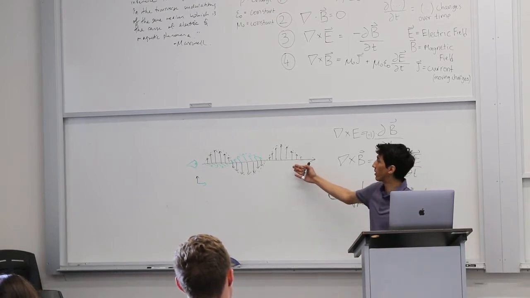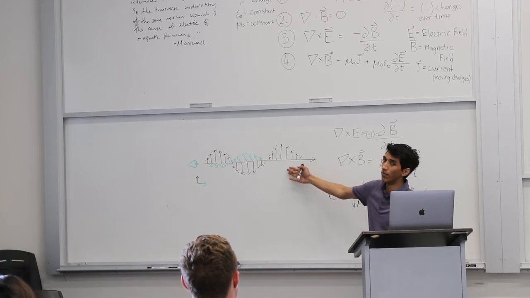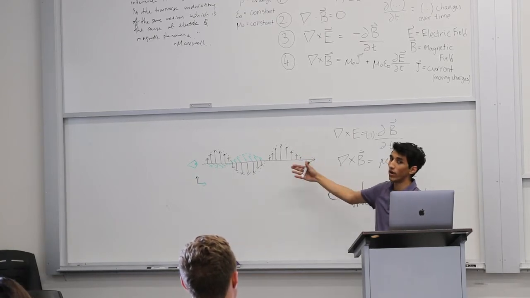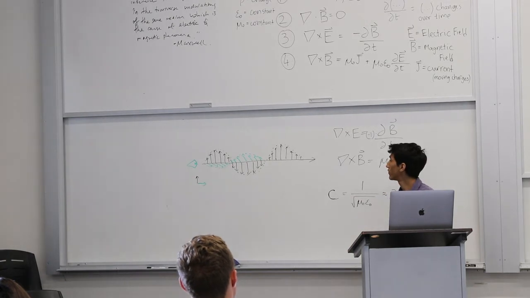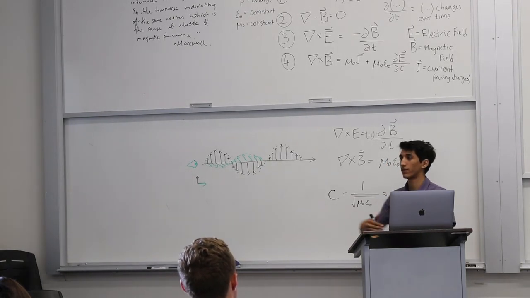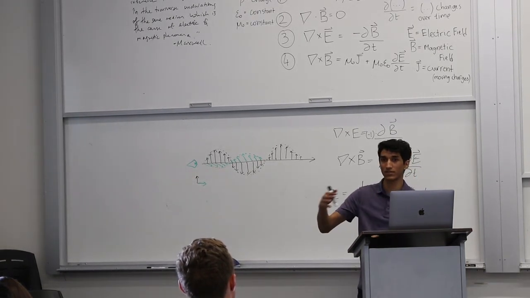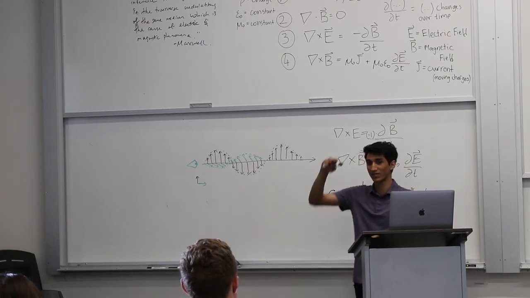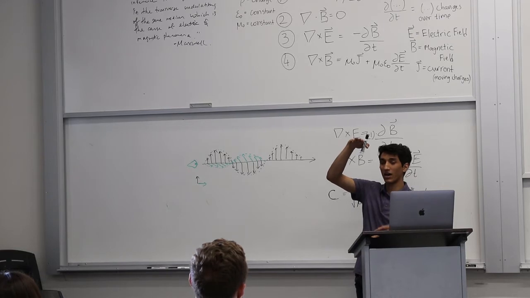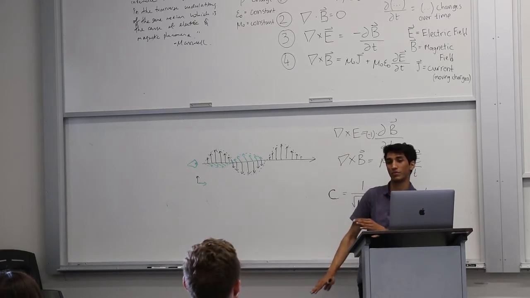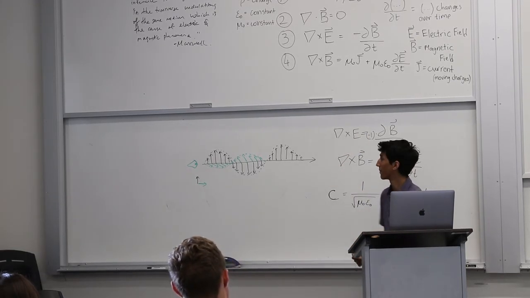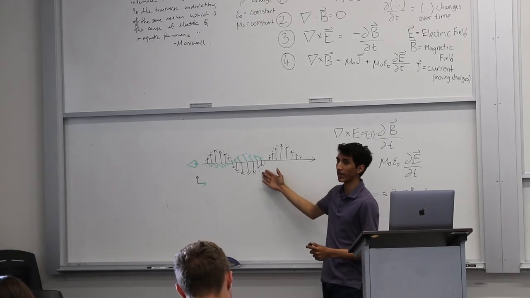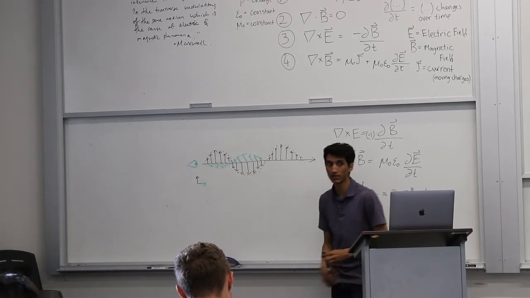That's related to the amount of these waves. If you think about them as sea waves, a more intense wave is a wave with a higher crest and a lower trough, right? So you can think about that as relating to the intensity of light.